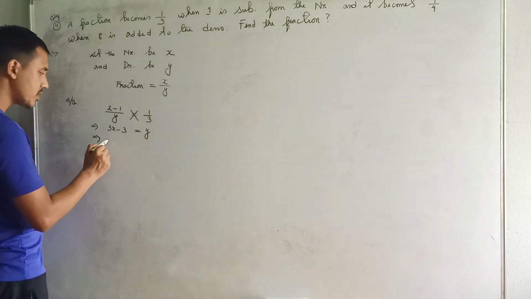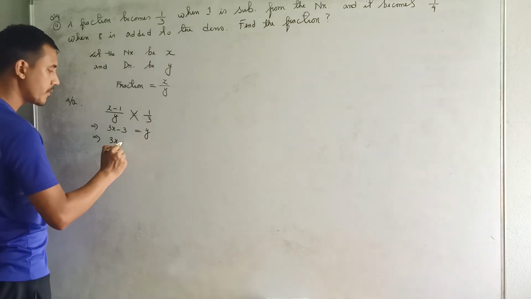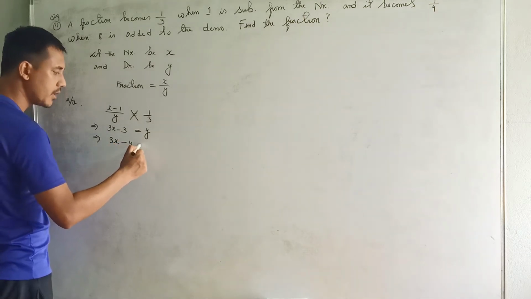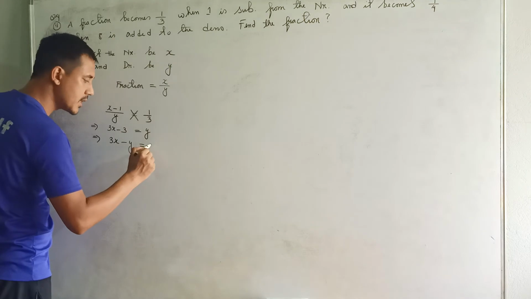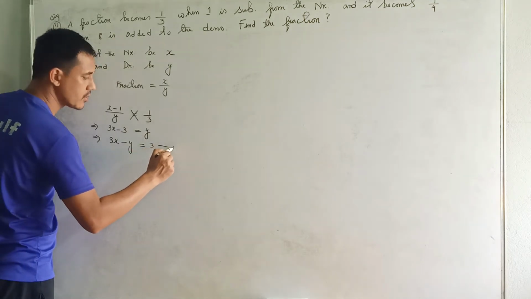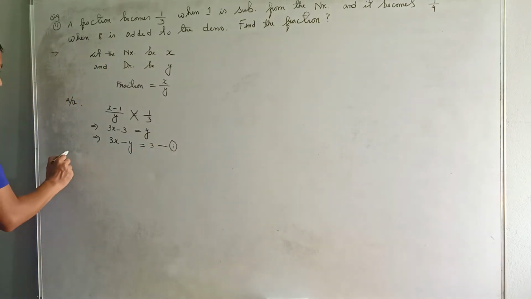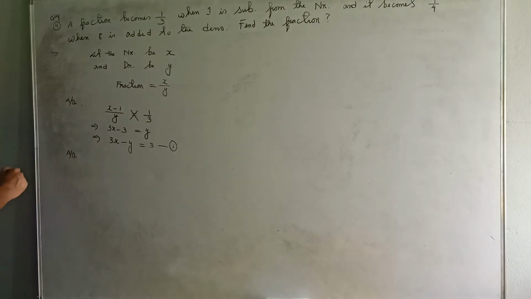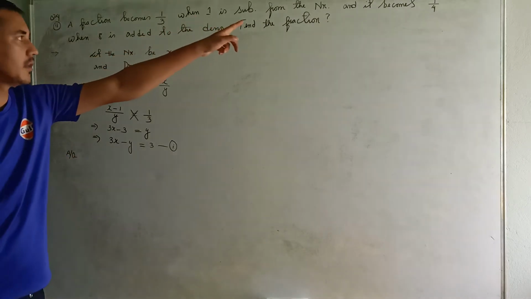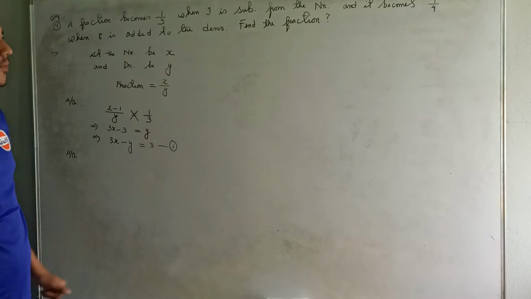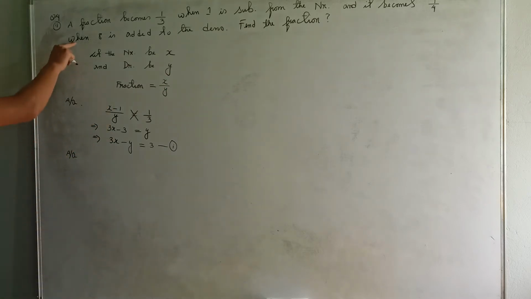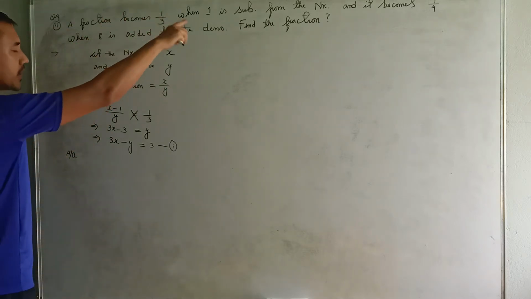Let us rearrange. 3x minus y is equal to minus 3, you transpose it as plus 3. So this is your first equation. The next equation says, this time your fraction becomes 1 by 4 when 8 is added to the denominator.